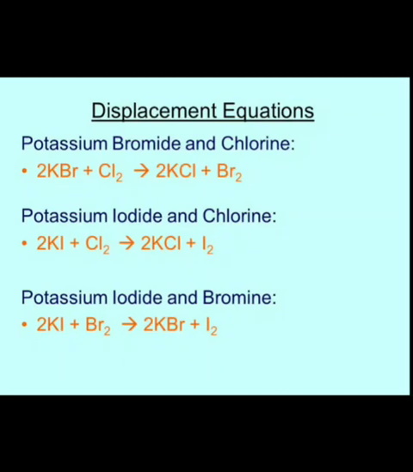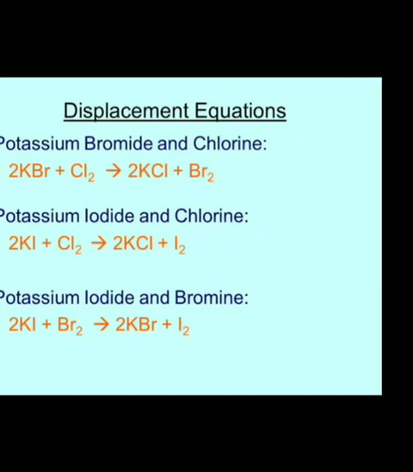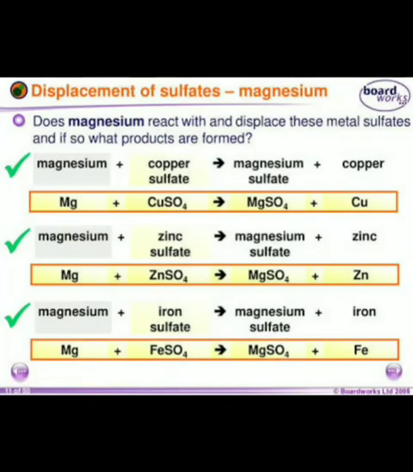That is when a metal reacts with sulfate solutions. Here you can find that metals like magnesium, aluminium, zinc and iron will displace copper from copper sulfate solution. See here, when magnesium reacts with copper sulfate, it produces magnesium sulfate plus copper.